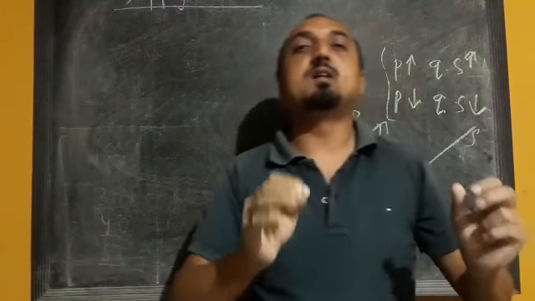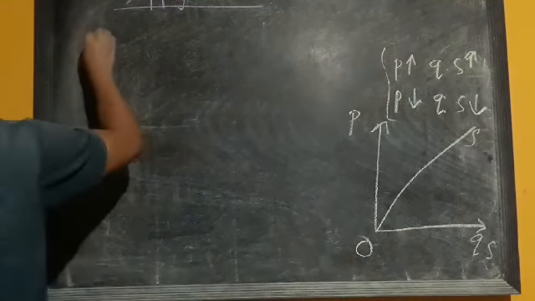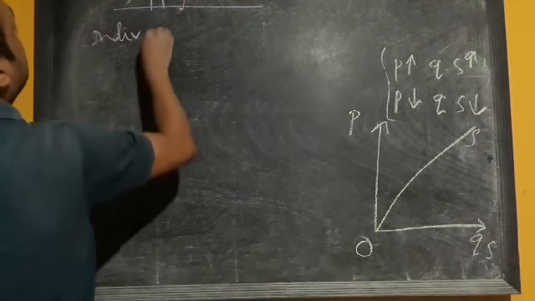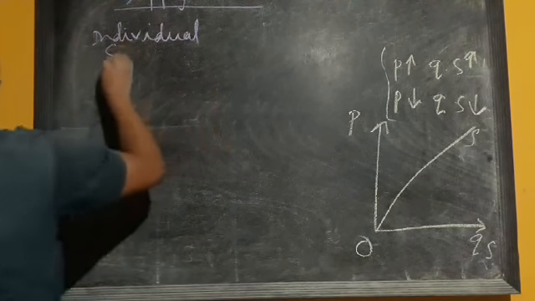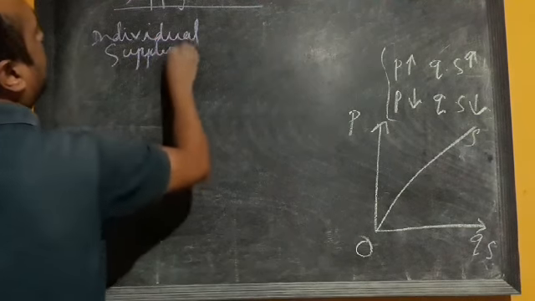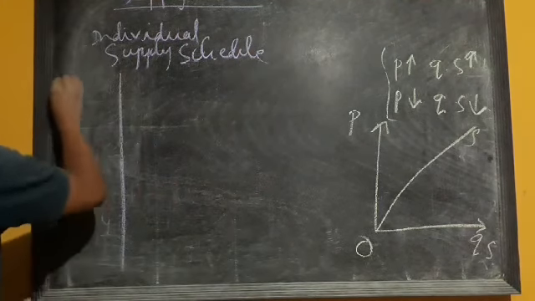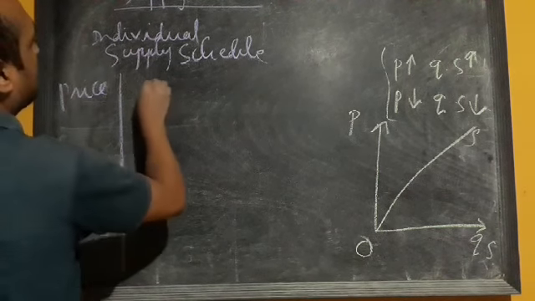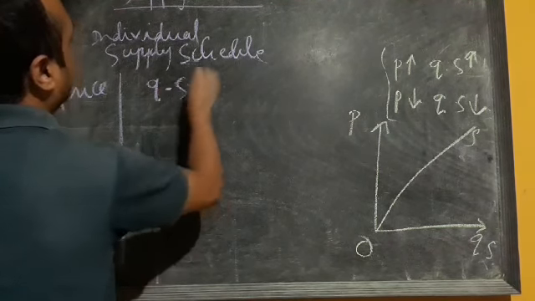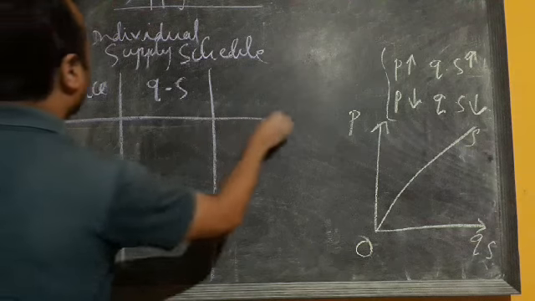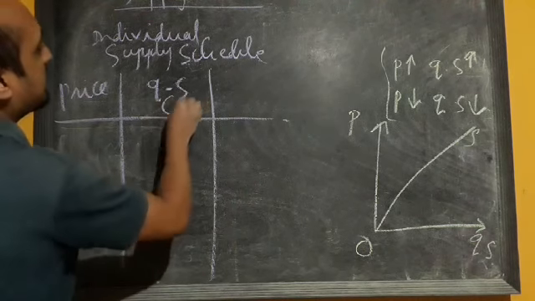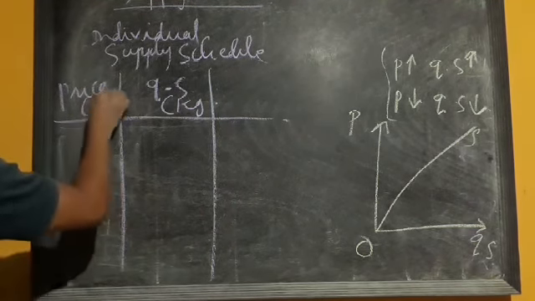So I am taking the individual supply schedule. Suppose the schedule is given as price and quantity supplied. Suppose quantity supplied is given in kg and price is in rupees.